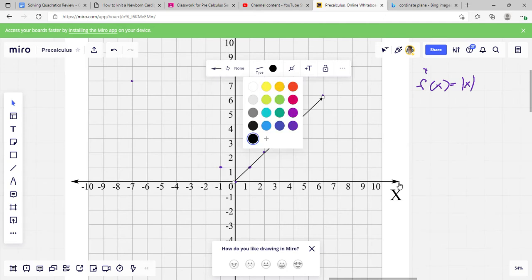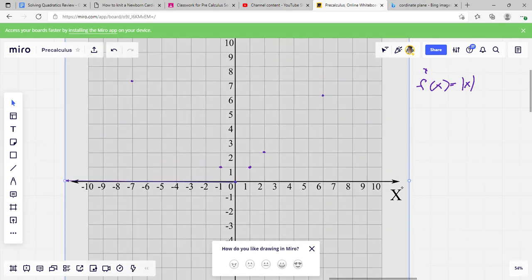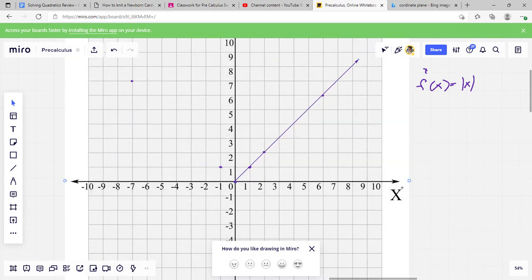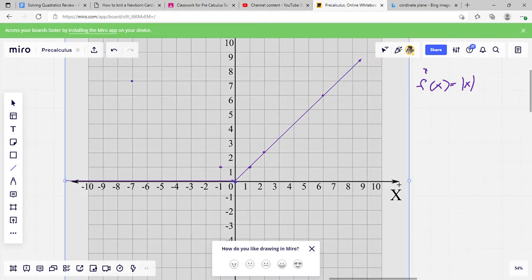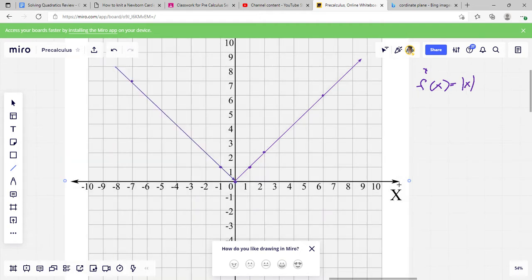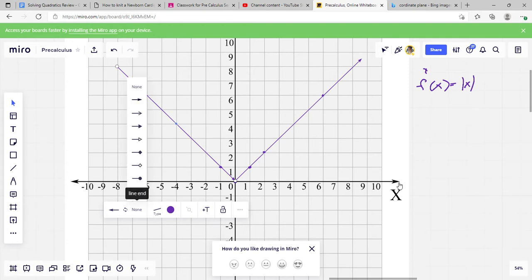And make it purple. Like that. And then make another one on this side. Like that, basically. Alright, so there's our parent function.